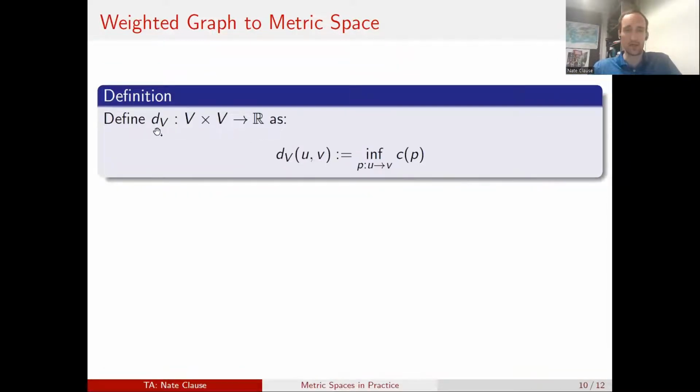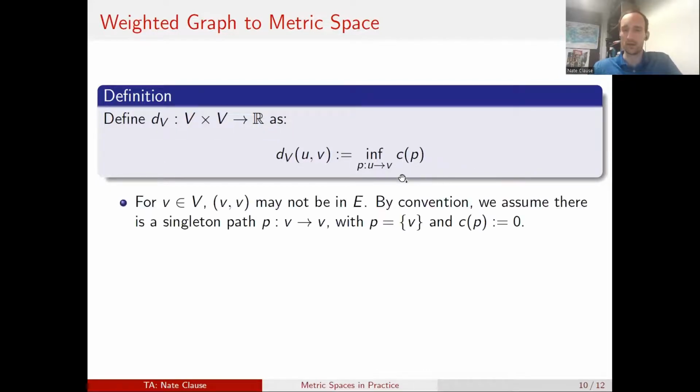Now we define a function d_V from V cross V to the reals by setting d_V of (u, v), for any 2 vertices u and v in the graph, to be the infimum over all possible paths from u to v of the cost of P. Now, for a vertex v, (v, v) may not be an edge.